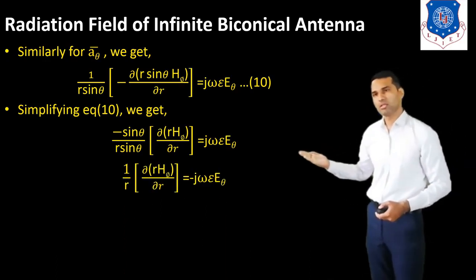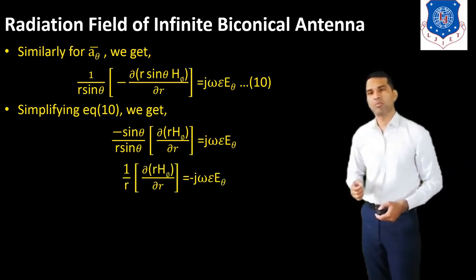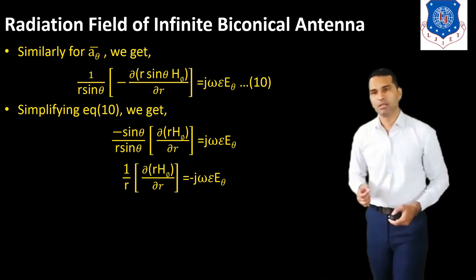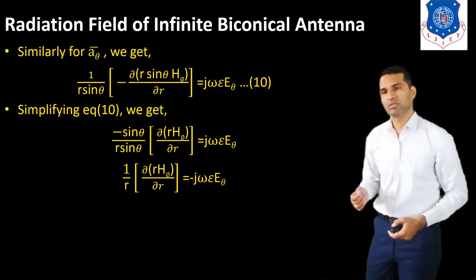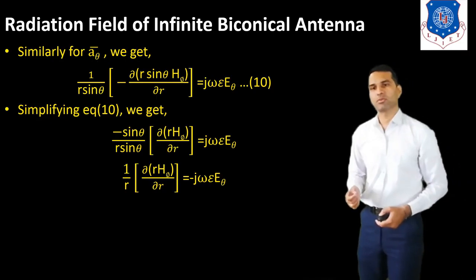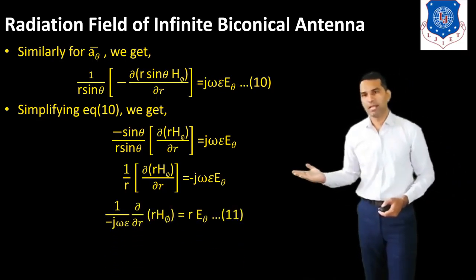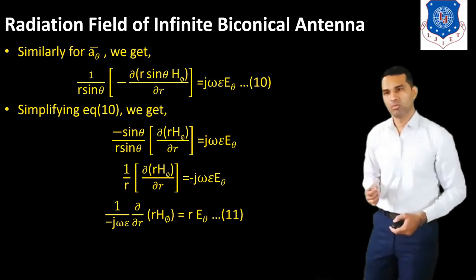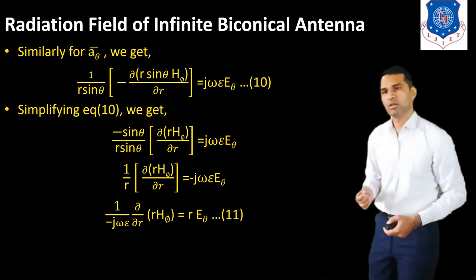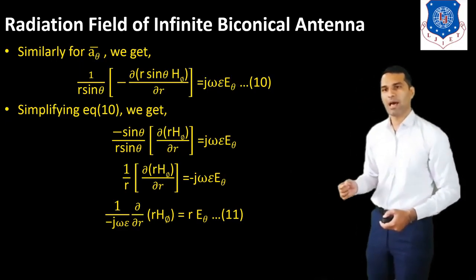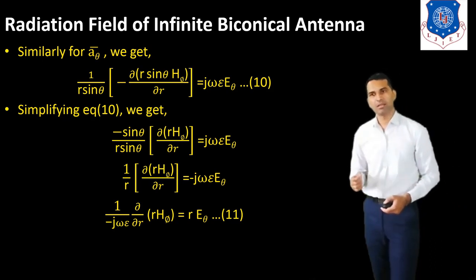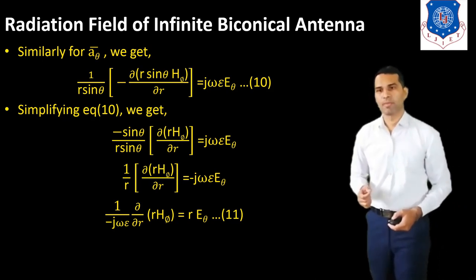Further simplifying, we can write 1 upon r del r H phi upon del r is equal to minus j omega epsilon E theta. So we can write this equation as 1 upon minus j omega epsilon del by del r of (r H phi) is equal to r E theta.